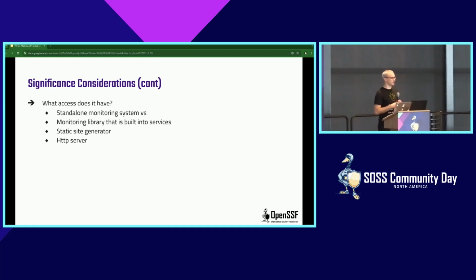A similar thing to consider here is the static site generator versus the HTTP server. A static site generator is something you run in your build or outside of your main active system, versus an HTTP server, which would be running all the time and serving data to everybody.